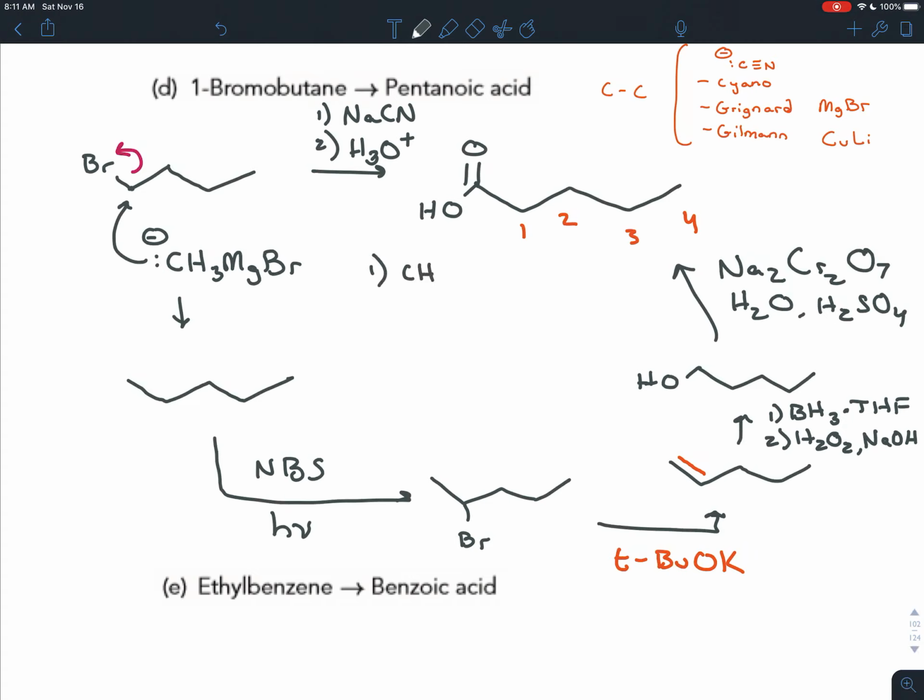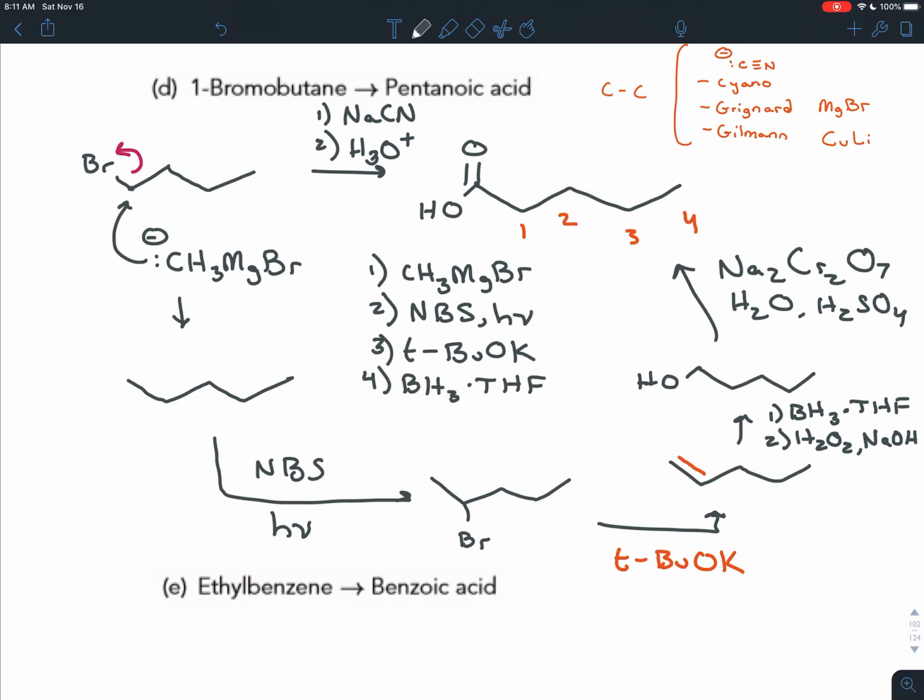But if you wanted to do it this other way, first you'd have methyl magnesium bromide, followed by a radical reaction, NBS, N-bromocyclohexane and light, followed by Hofmann elimination using potassium tert-butoxide, followed by a 2-step reaction of hydroboration oxidation.